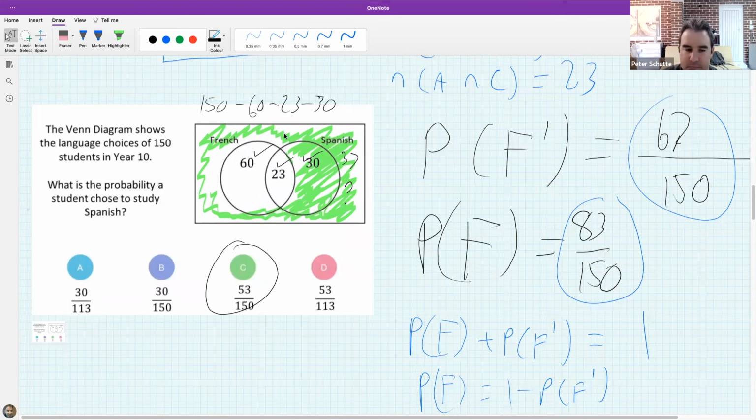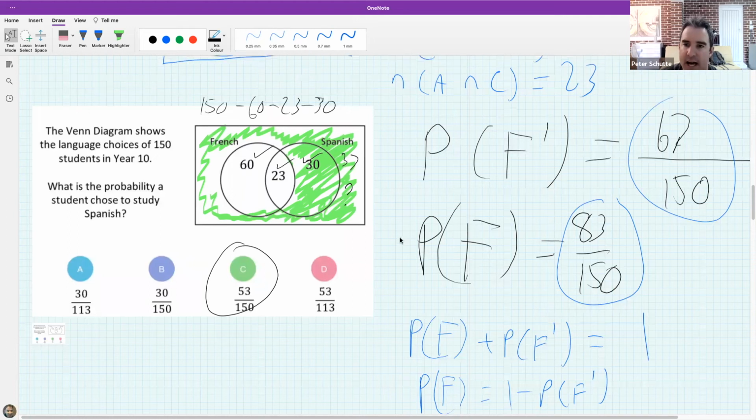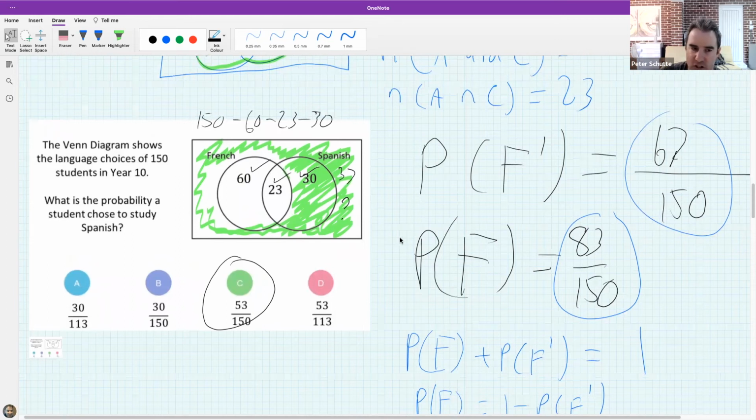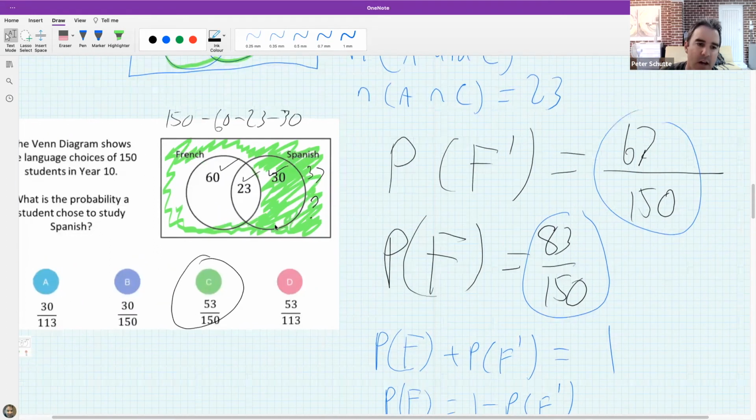How did you get 67? How did I get 67? Let's have a look. Which part of the question? Oh, for F dash. Yes. So if you think of the set F, which is French, everything that's not in that is colored green. Can you see my green coloring in? So I counted the 30 people over here and the 37 over here to get my 67.